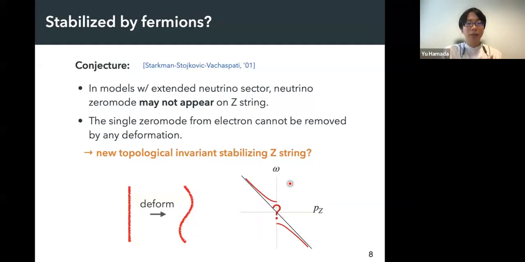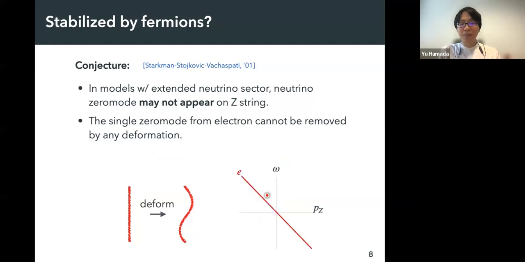So these people conjectured that this situation may happen in some extended models like type 1 or type 2 seesaw. And they conjectured that if there is only one single zero mode, then this string might be topologically stabilized, because this situation cannot be deformed into the vacuum by any continuous deformation.